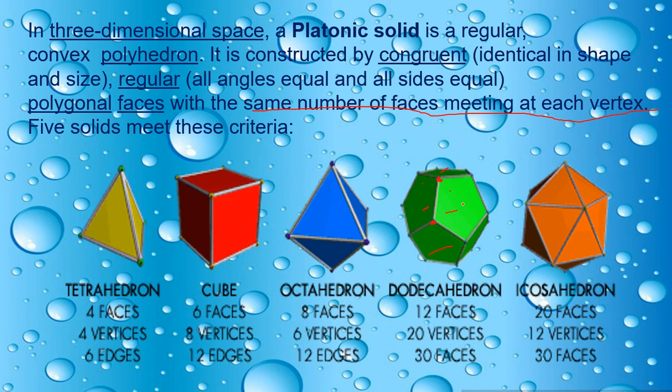That means a polyhedron with the same number of faces meeting at each vertex is known as a platonic solid.